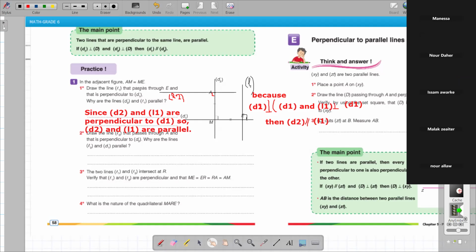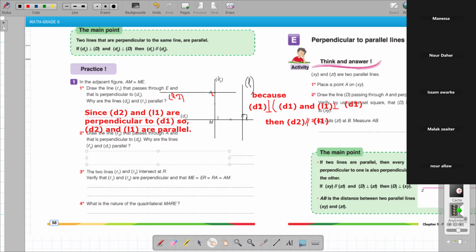You're going to answer us on this one. Why can you say that they are parallel? They are parallel because they are both perpendicular to line D2. Bravo.